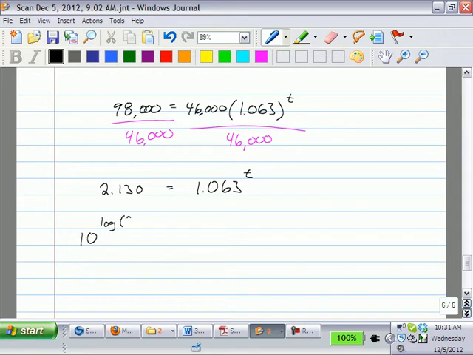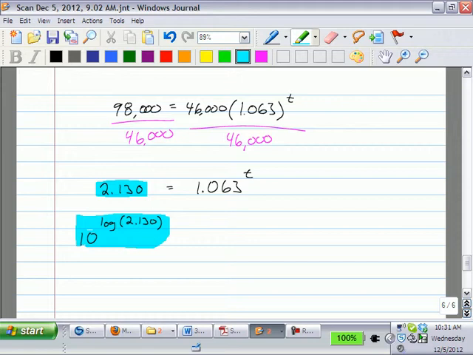So wait, log 2.130 is the exponent you put on 10 to make 2.130. So you'll notice what's highlighted in blue here. How is it related to what's highlighted in blue above it?